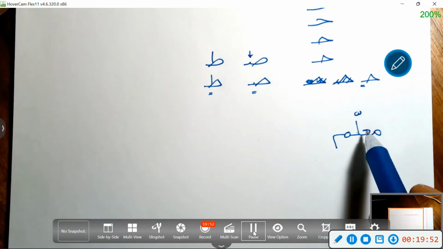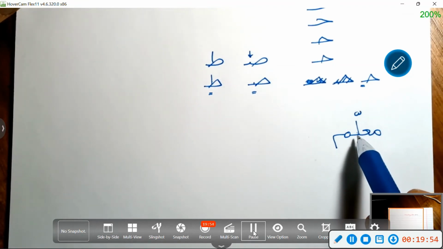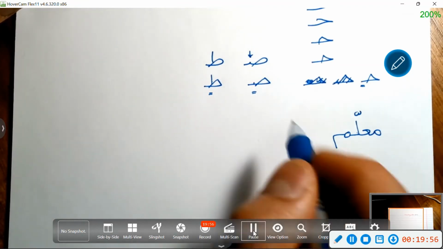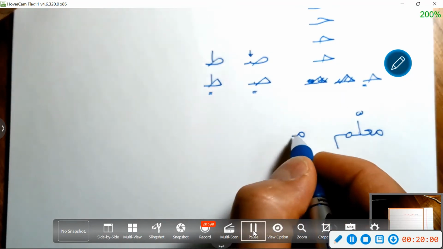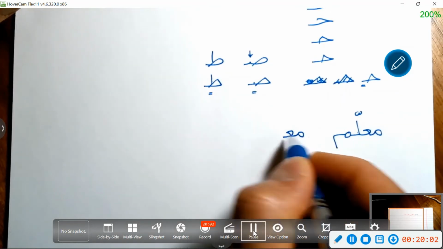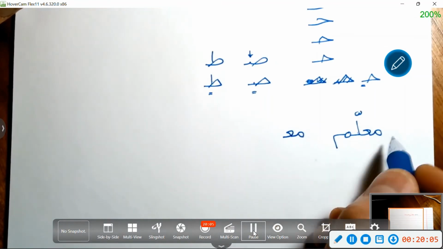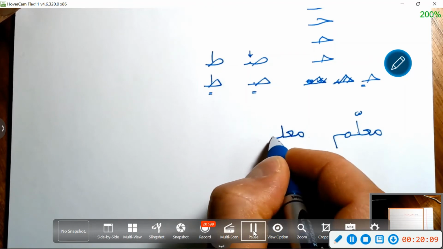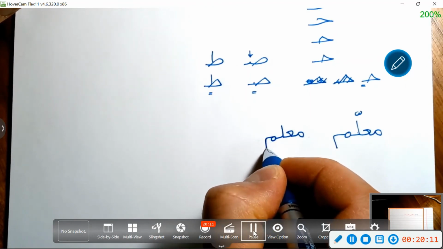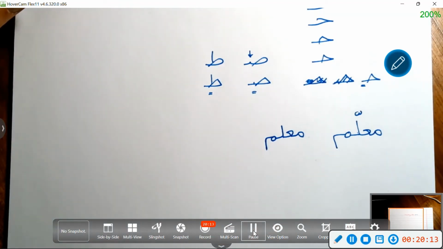So it is as if there are two lam here. Now, mim, because it's at the beginning of the word, was written like that. Ain is closed because it's connected from both sides. Lam is connected also from both sides, and mim at the end comes like this.